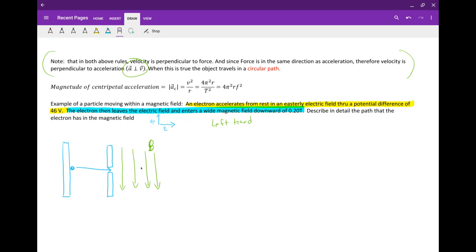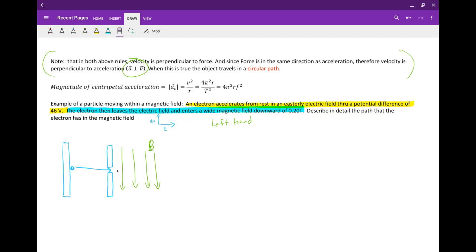And as a result, that means the magnetic force on this electron as it exits this electric field and enters this magnetic field is out towards you guys, okay? So it starts to get pushed towards us.